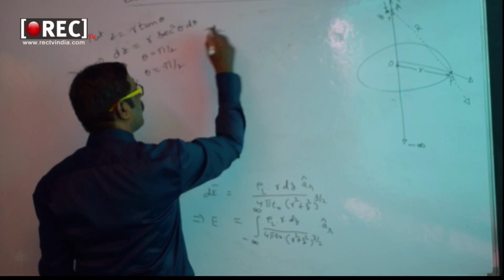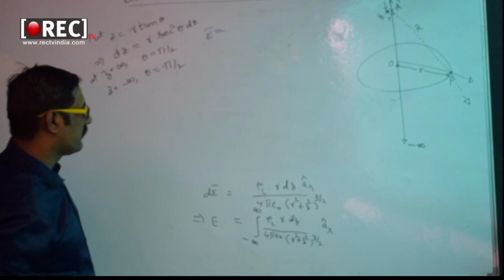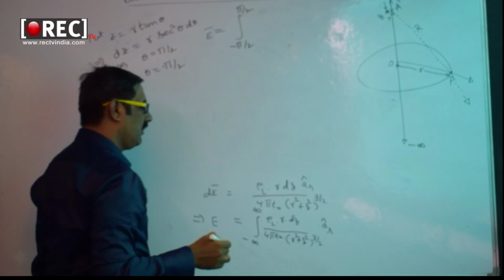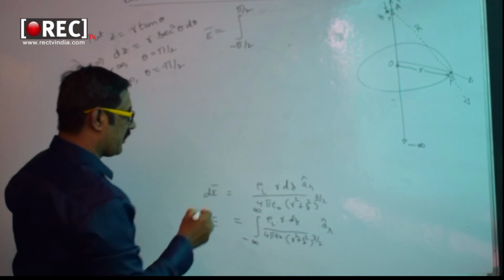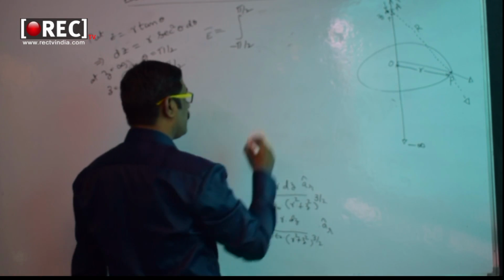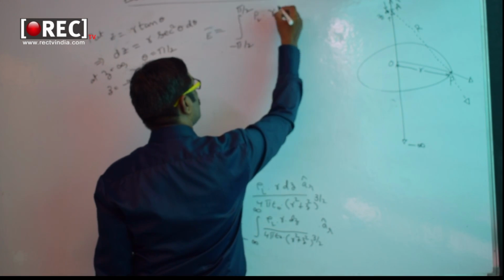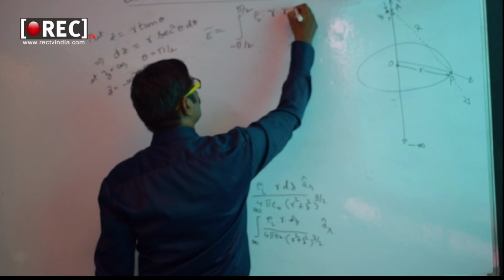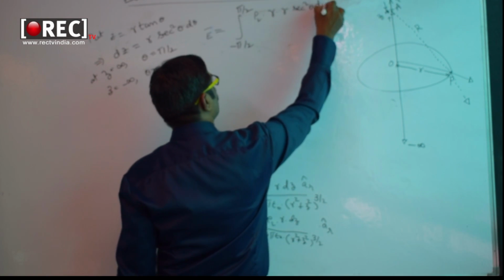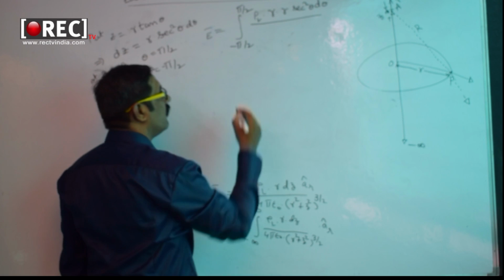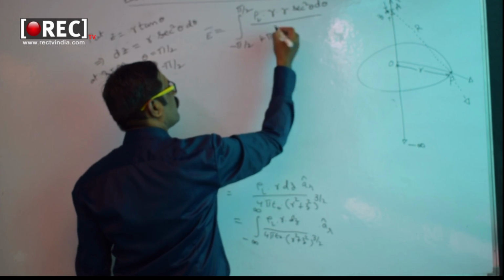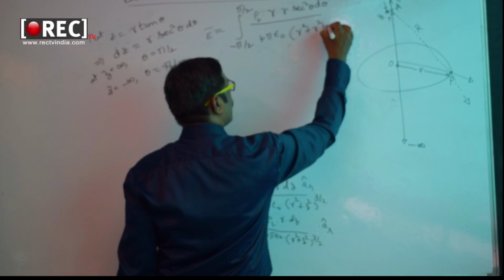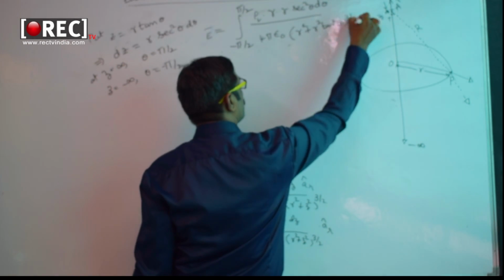So substituting these values, what we get is the integral from minus pi by 2 to pi by 2, which is the variation of theta corresponding to variation of z from minus infinity to plus infinity, of rho L into R into dz, which is simply R into secant square theta d theta, divided by 4 pi epsilon naught into (R square plus R square tan square theta) to the power 3 by 2.